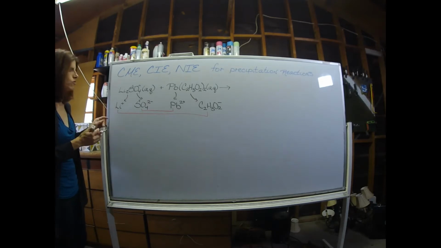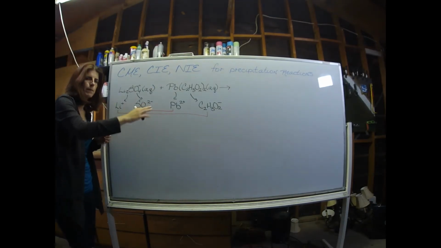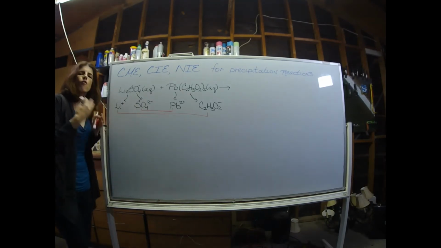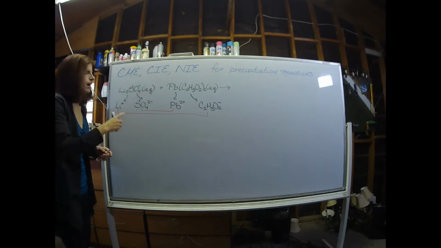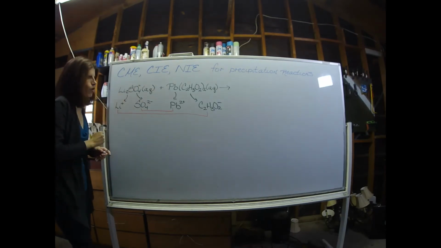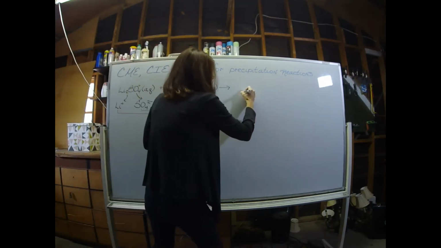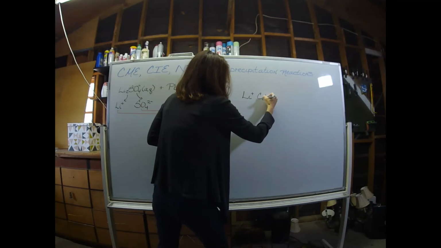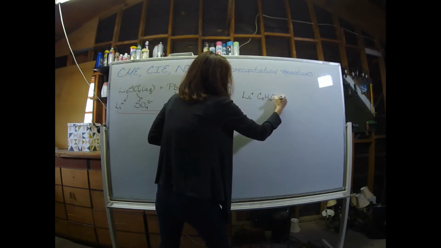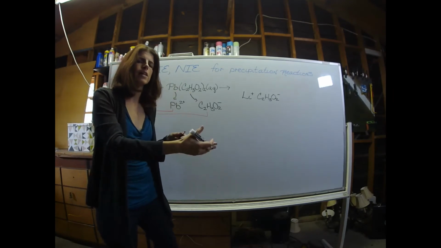And when I do that, I'm going to do all my scrap work up top here, and then I'm going to write my final answers for the CME and the CIE and the NIE. Let's focus on the scrap work then. So first thing I would do, I do Li+ and C2H3O2-, and I'm noticing that they have a +1 and a -1 charge.